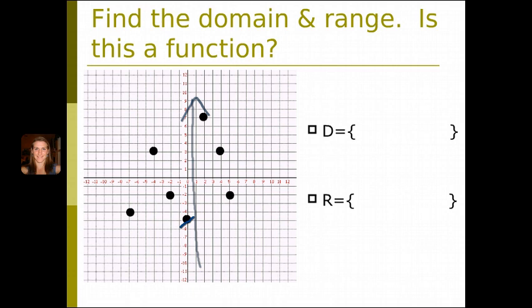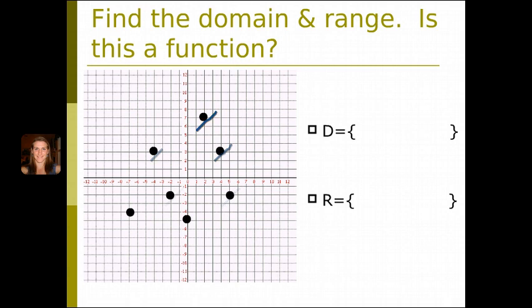The next lowest is -4. We've got two values at -2, however, we're only going to list it once. We also have two values at +3 that we're only going to list once. And our highest range value is 7.